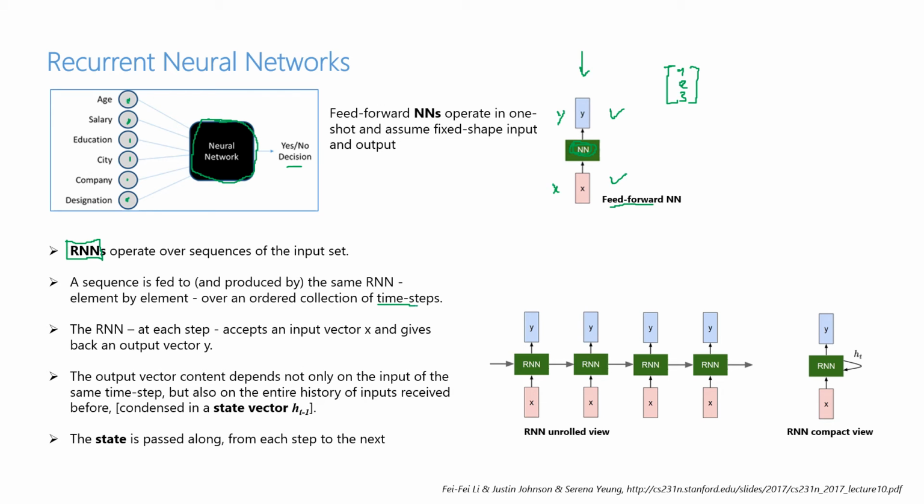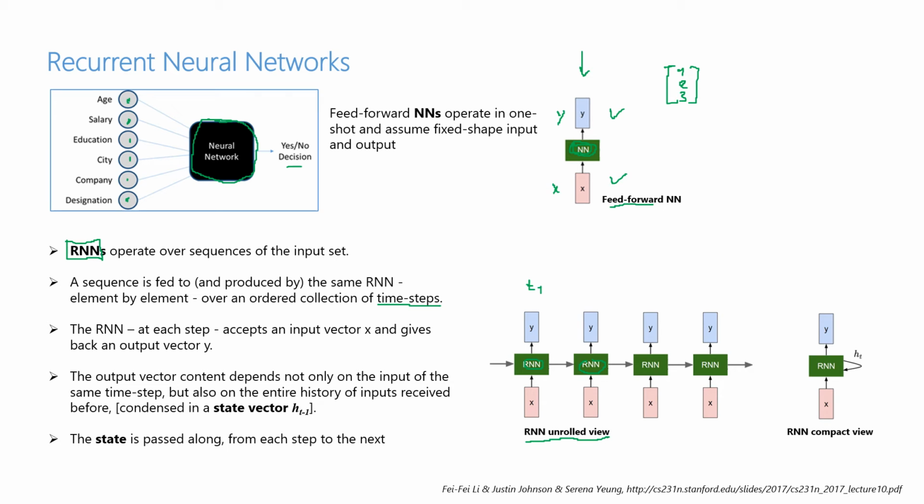We introduce the concept of using the network not just once, not just in a single shot, but in a sequence of steps. If we look at the picture here on the lower right, we can see an unrolled view of a neural network. Here the green box is always the same network, drawn for 4 time steps.